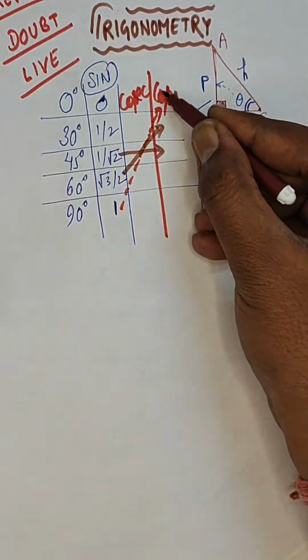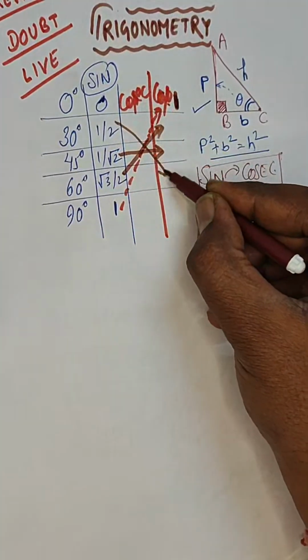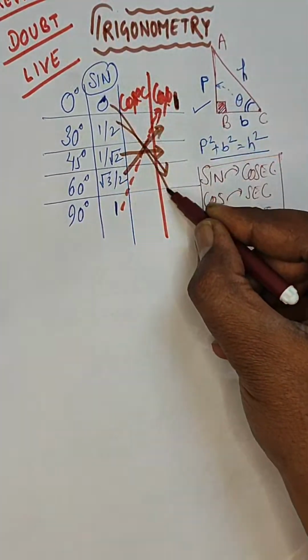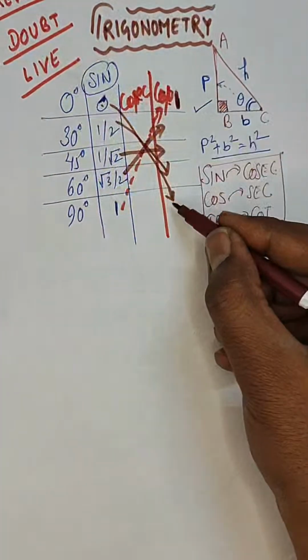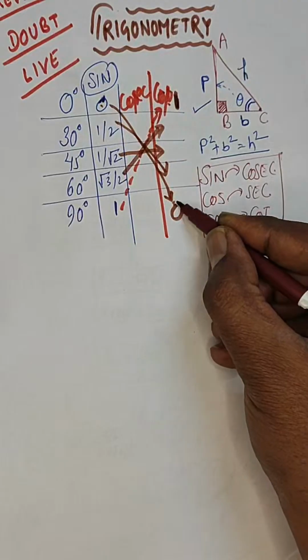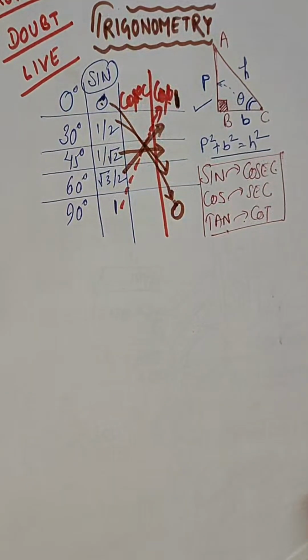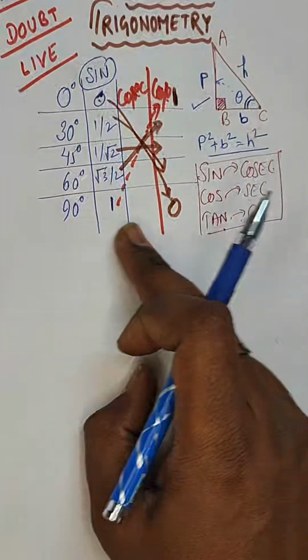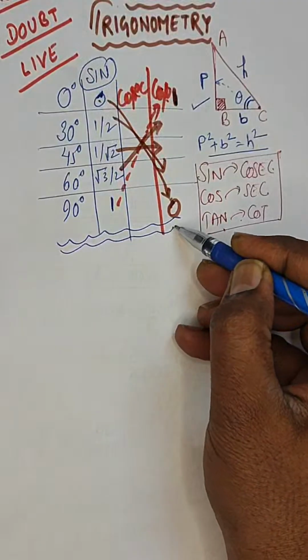Cos 45 and sin 45 are both 1 by root 2, and cos of 90 degree will be sine 0, so cos of 90 degree will be 0. If you know all these values, you are able to solve each and every question where the trigonometrical values are being asked.